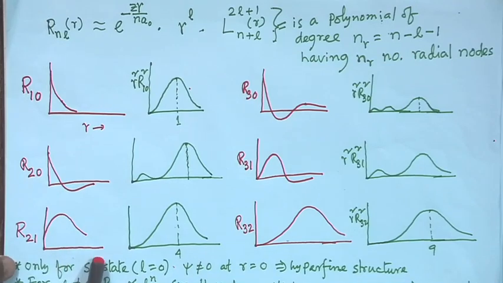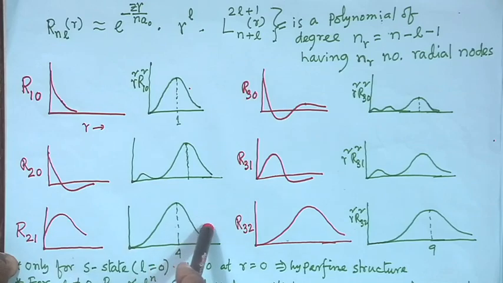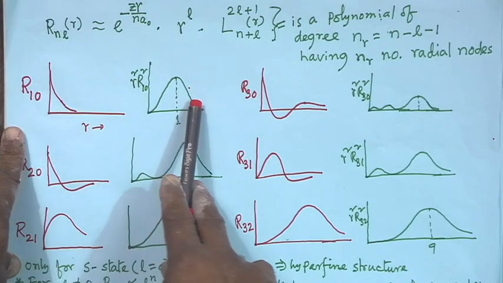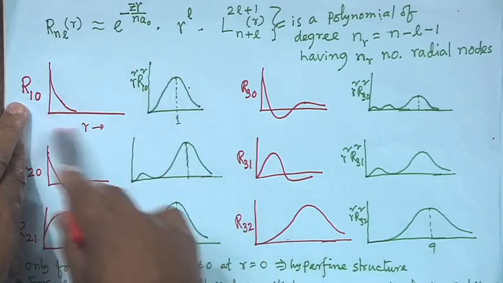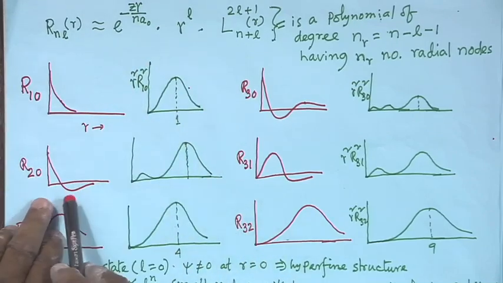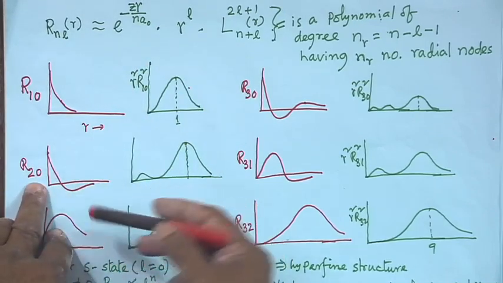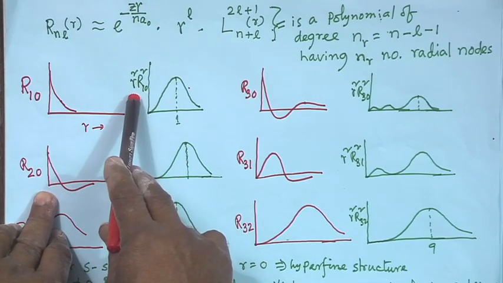So one can draw, and correspondingly if you make them square, here if I square it, I have shown how it is coming. Similarly for others, if you take the square of this wave function and r square, it is basically the probability density.